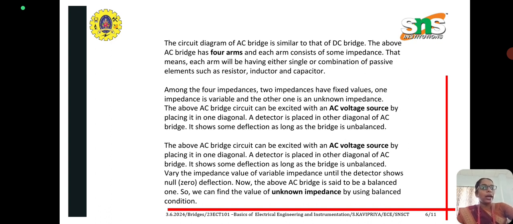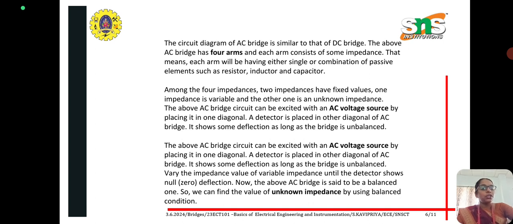The AC bridge also has four arms and each arm consists of some impedance. Each arm will have either a single or a combination of passive elements such as resistor, inductor and capacitor. Among the four impedances, two have fixed values, one is variable and another one is the unknown impedance.